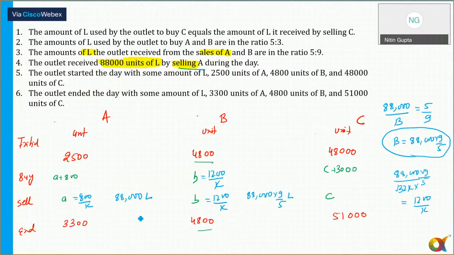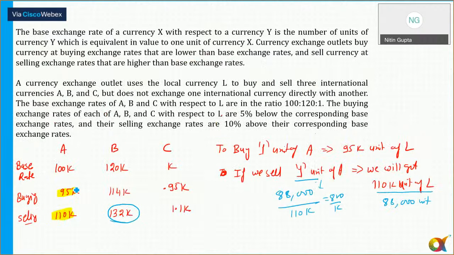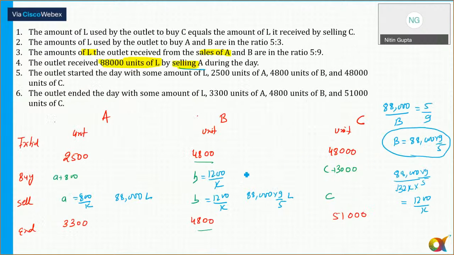Now, what is the buying rate for B? If you look at it, the buying rate for B is equal to 114K. So I can say how much amount we have to pay here. That is 1200 by K into 114K, the amount needed for buying in terms of L. So 1200 by K into 114K.